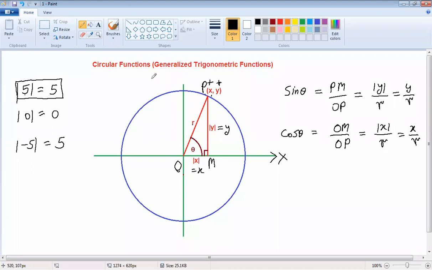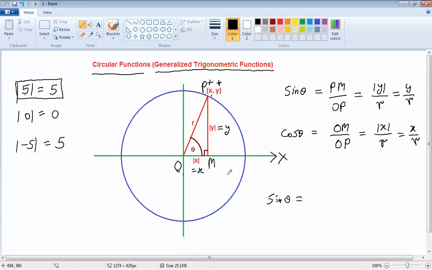So in modern trigonometry, where we are studying the generalized trigonometric functions or the circular functions, that is, the functions defined with the help of a circle, we define sine theta in general for any angle. This is the simple case we have taken. Angle theta is an acute angle, as we take in the 10th class.